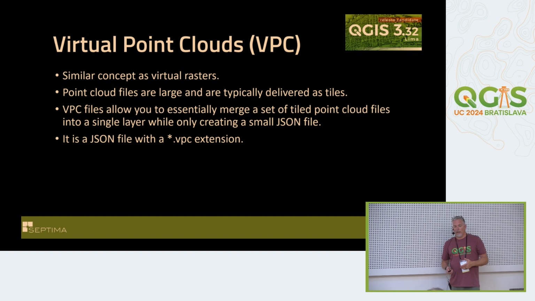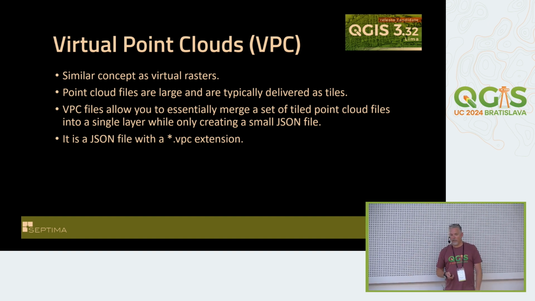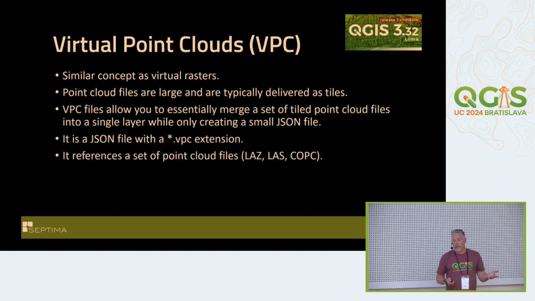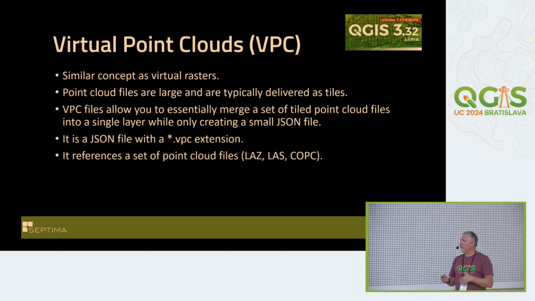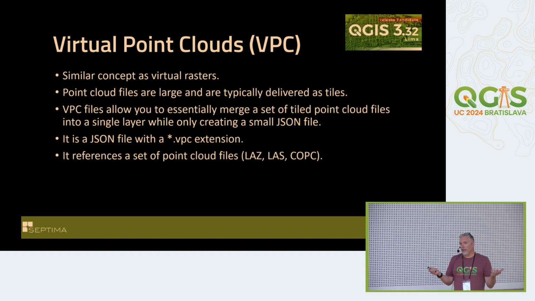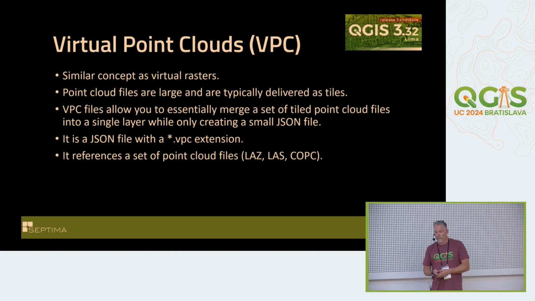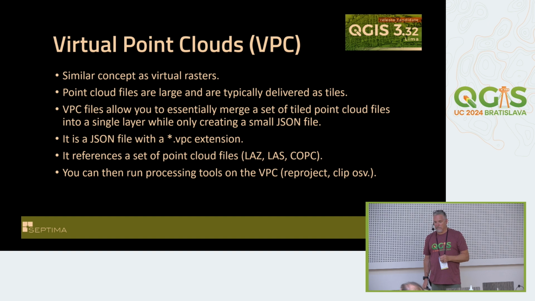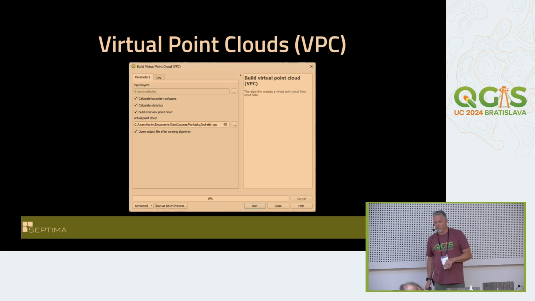And you can use that JSON file that has a VPC extension to do anything. You can use it for processing, data visualization. It acts like a merged point cloud. So it can be done with any data viz you want to use or any processing tools.